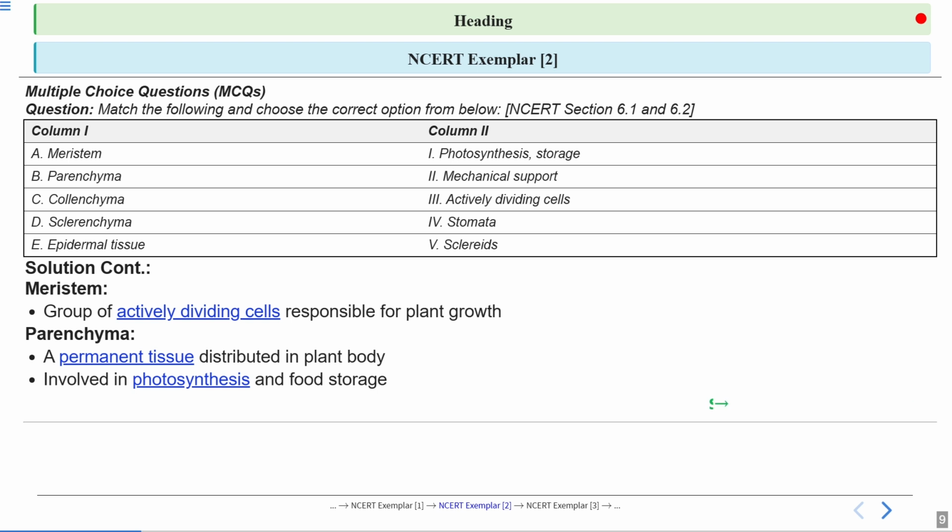Only some cells of parenchyma bear chloroplasts, and those cells get another name: chlorenchyma.